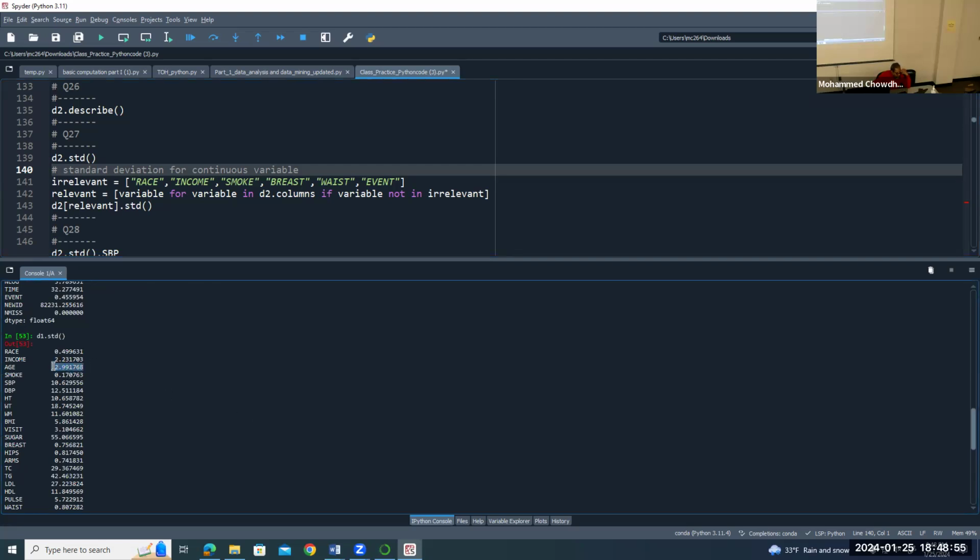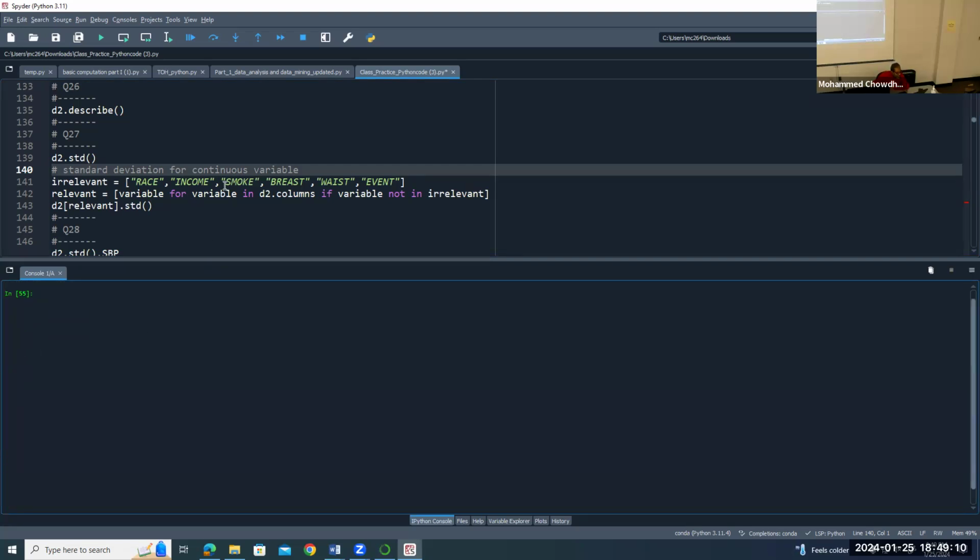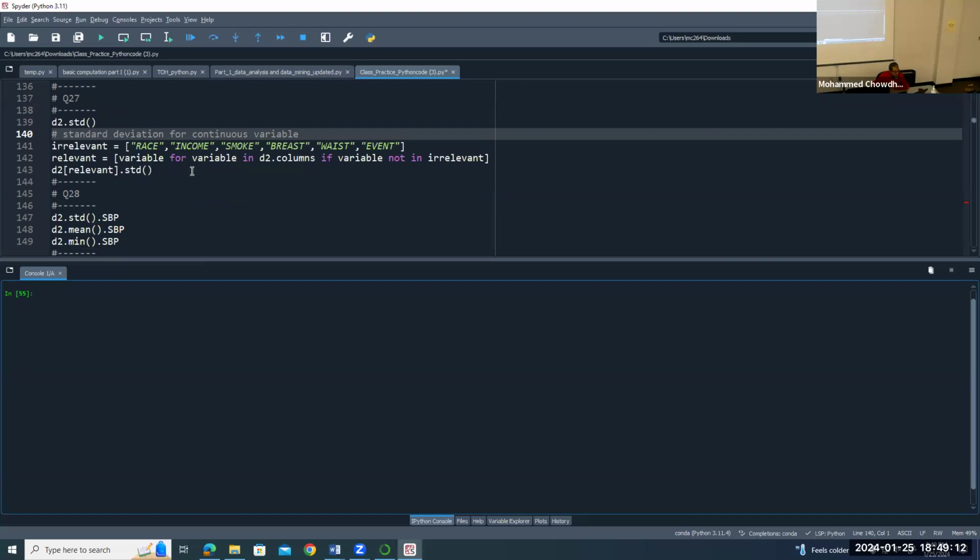If the data has missing values, the standard deviation is 2.99, but with the complete data, the standard deviation is 1.15. This is very interesting.